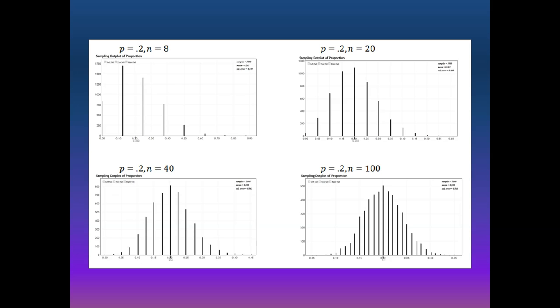It's still right skewed, but it looks better than the one in the upper left, but then again the sample size is bigger. The third one in the lower left, that one looks pretty decent. It at least looks symmetric, even though it doesn't quite look like a bell shape. And then the one in the lower right looks pretty good. If you were going to fit a best fit curve to that thing, it looks like a bell shape would just about do it. So it looks like a sample size of 100 is large enough, 40 is close, and 20 and 8 are just too small.